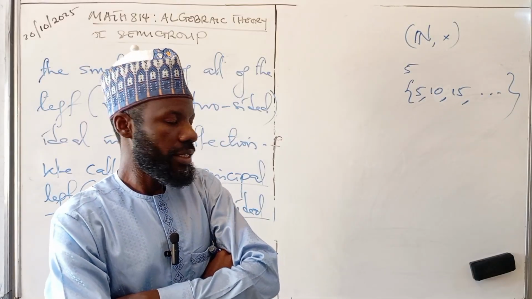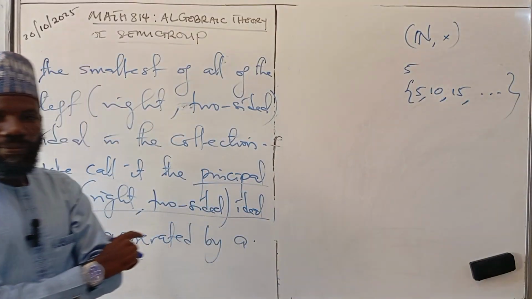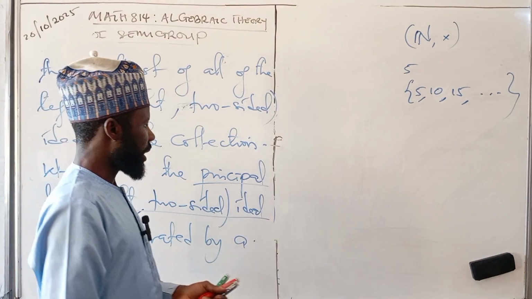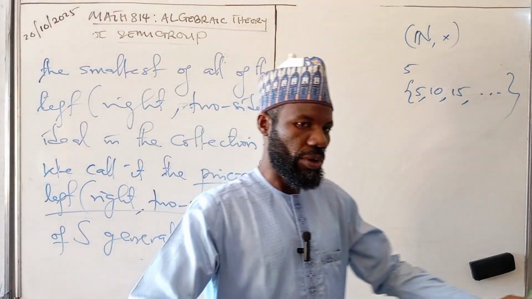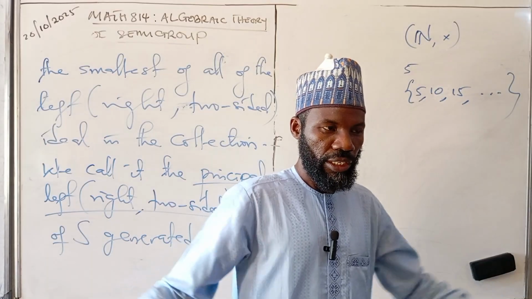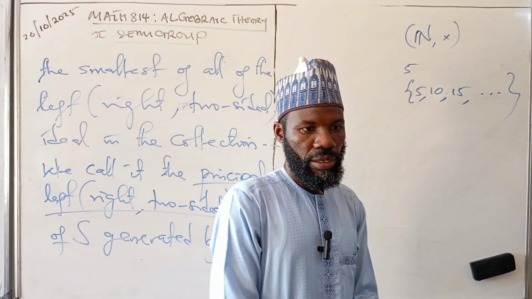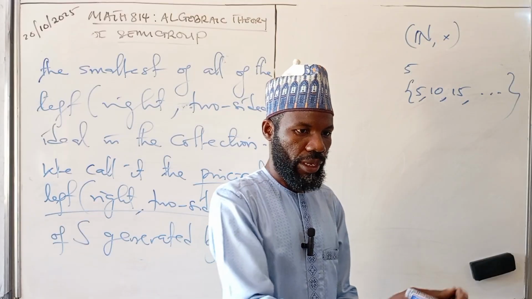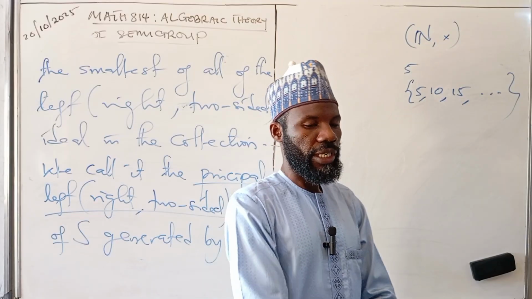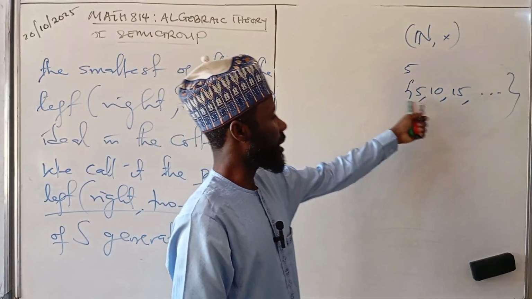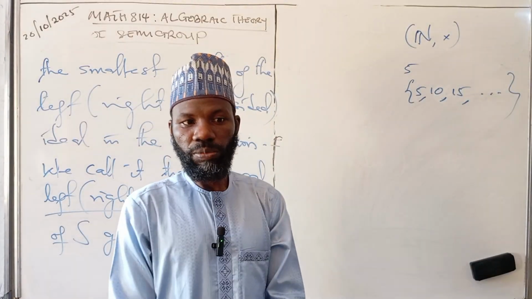So actually, if you are to use the definition, it's not practically possible. You would have to get hold of all the ideals containing A and take the intersection of all these ideals, and only then can you say this is the ideal generated by A. But what you are doing here is picking the multiples.